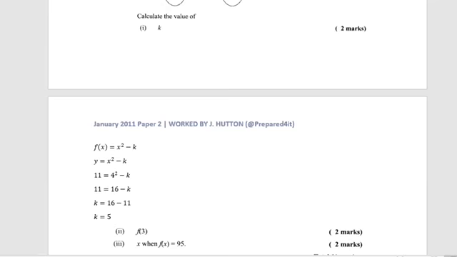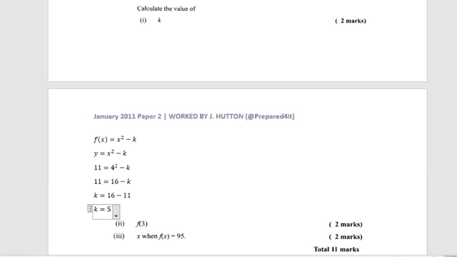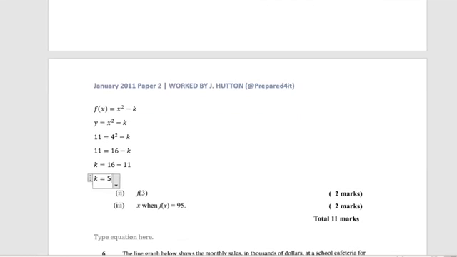So part 2 now says, what will be f of 3? So we know f of x from the original formula that is given in the question is x squared minus k. So when they tell you to find f of 3, what they're saying is everywhere in this equation that you see x, you will replace it with 3.